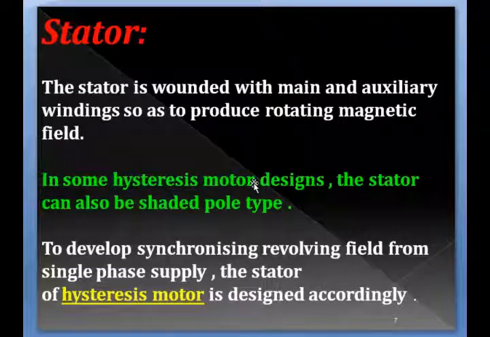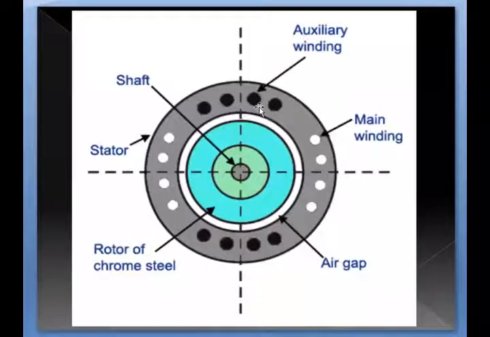Here an image is shown. In this image, some small black circles and some white circles are shown. The black circles indicate the auxiliary winding and the white circles indicate the main winding.